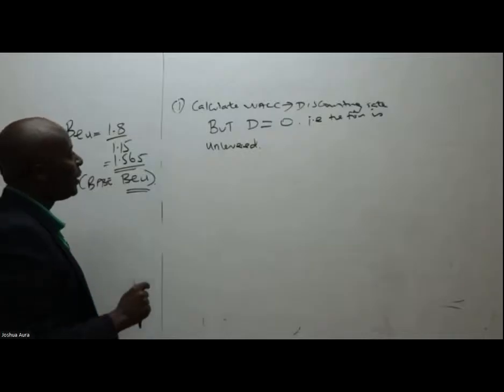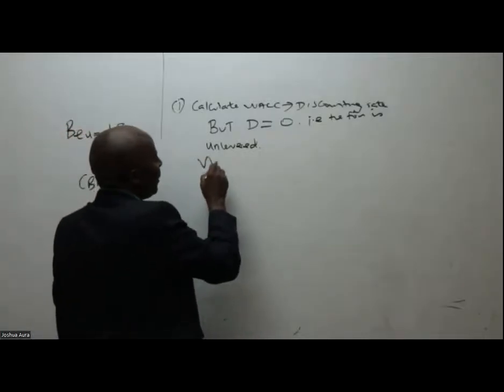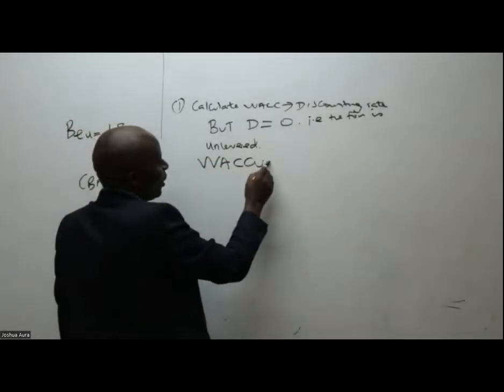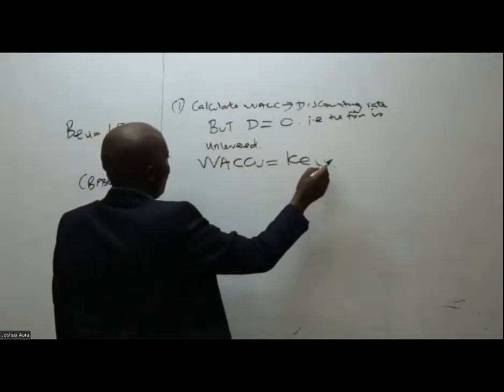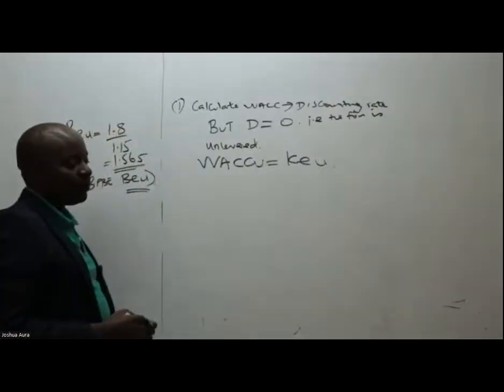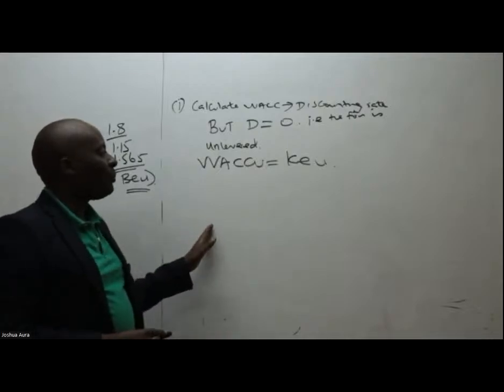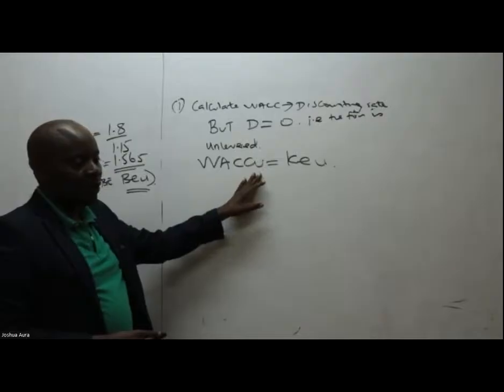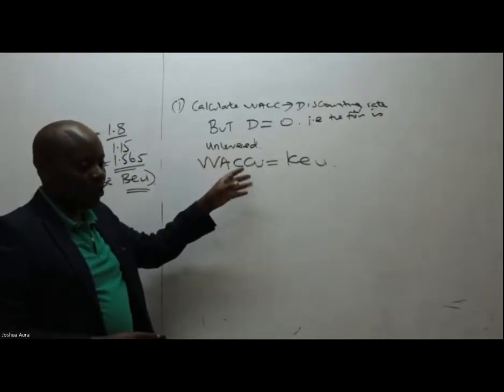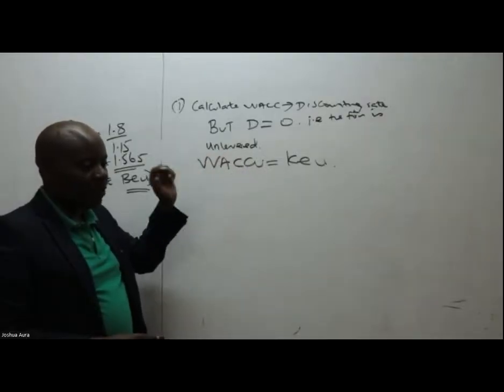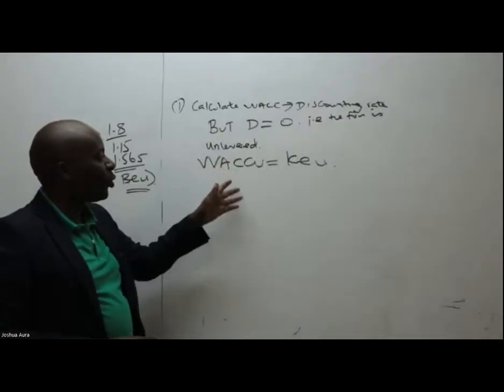So if it's unlevered, remember in this case, ladies and gentlemen, WACC_U equals Ke_U. Very, very important. If it's unlevered, then the weighted average cost of capital of an unlevered firm will always be equal to cost of equity of an unlevered firm. Some students sometime back told me WACC_U equals Ke.